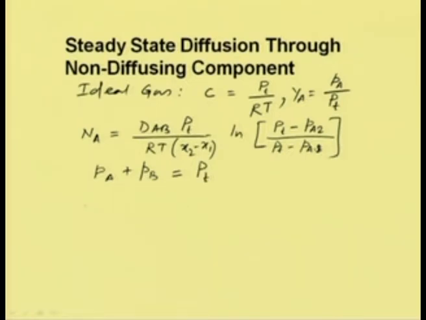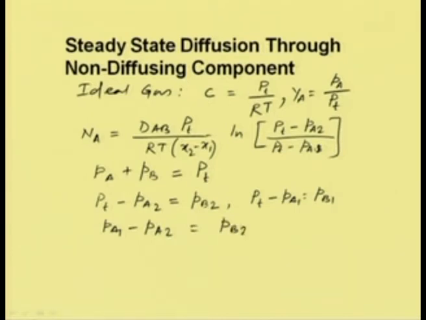So, we can write P_t minus P_A2 will be P_B2. Similarly, P_t minus P_A1 is P_B1, and P_A1 minus P_A2 will be P_B2 minus P_B1.